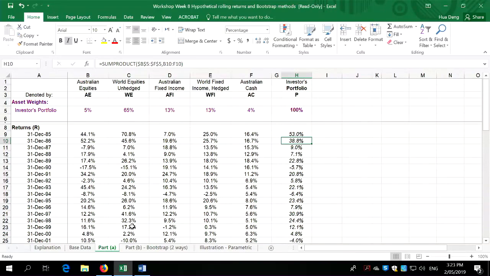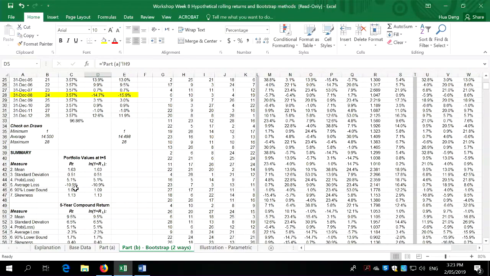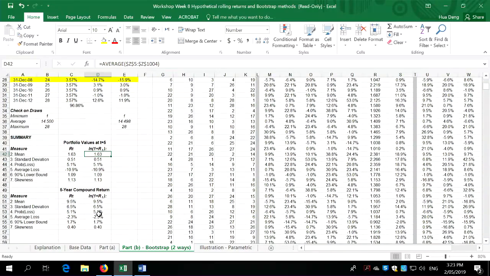And you have to observe, okay, the mean return is at this level, 5-year compound return. That's something we're looking for. So have a look at this, the portfolio return per annum. Does it satisfy the investors, the client's objective?